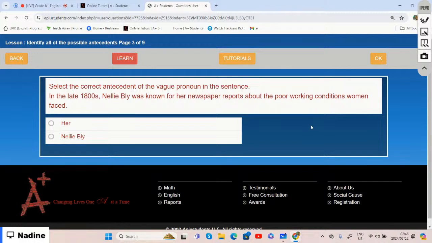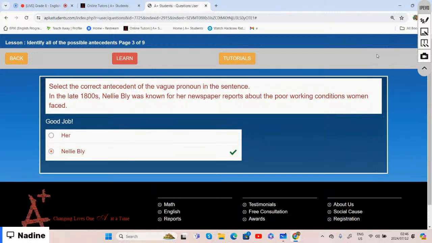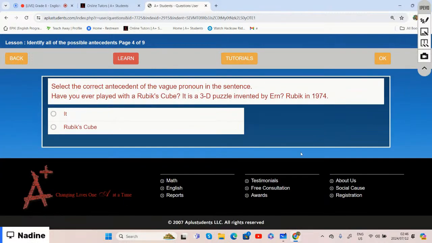All right, and if we were to choose the correct one, then we would say it is Nellie Bly. And Nellie Bly is our correct antecedent.